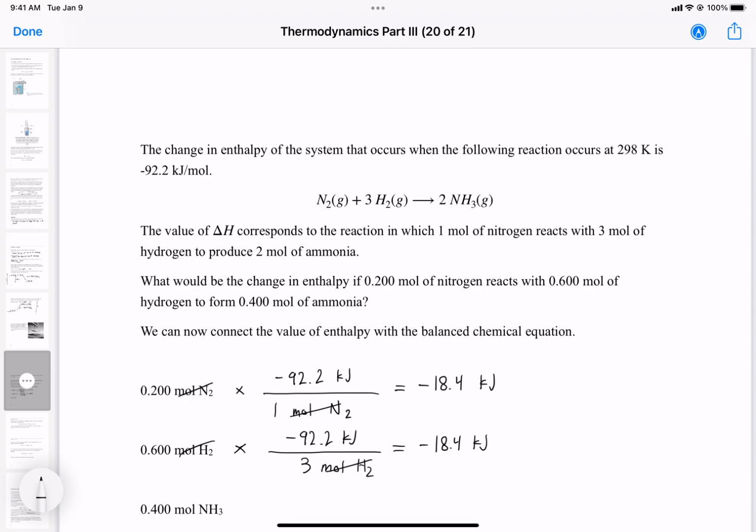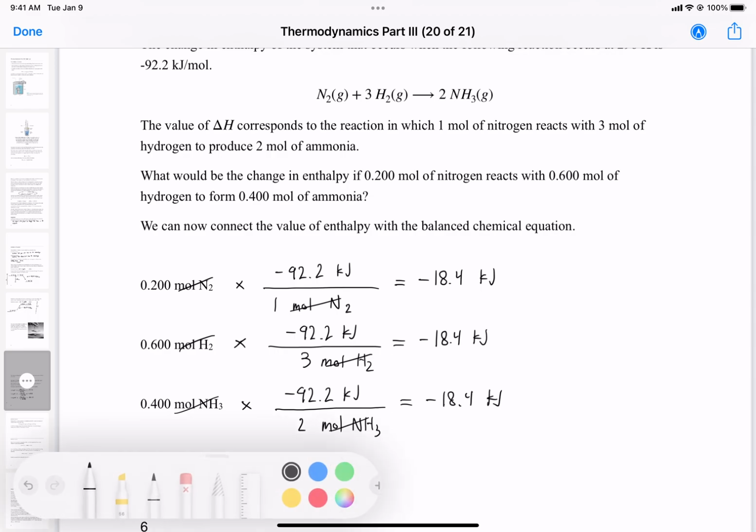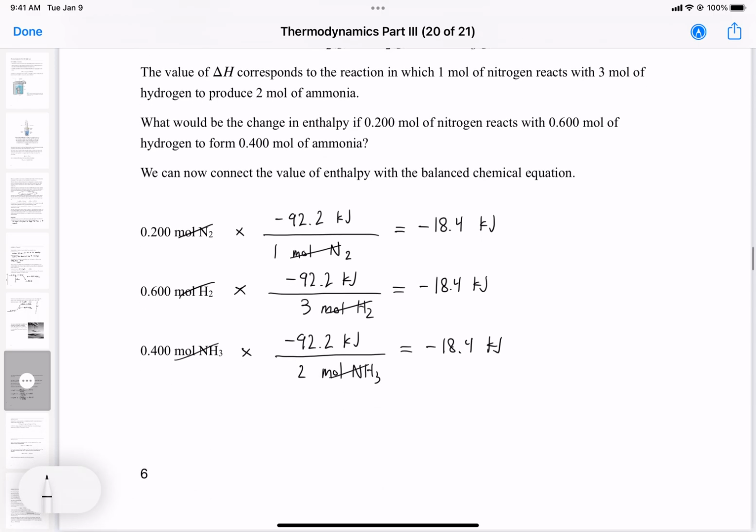And lastly, 0.4 moles of ammonia. For every 2 moles of ammonia, we get the same amount of energy for delta H. You see here, we still get the same amount of energy because we simply reduced the balanced chemical equation by a ratio for all the species.